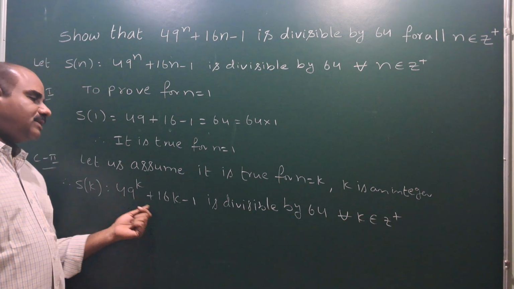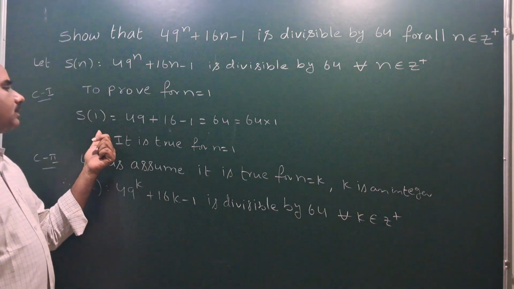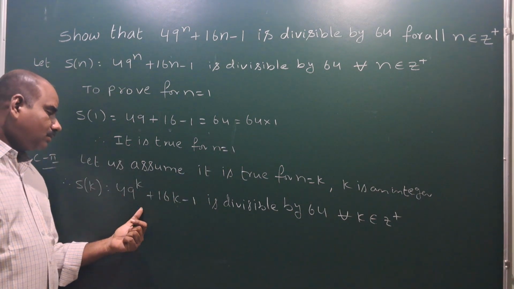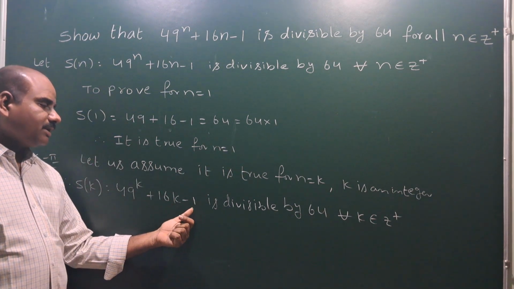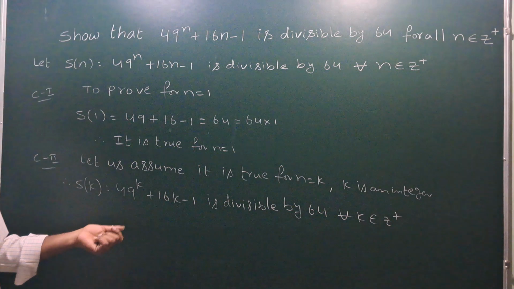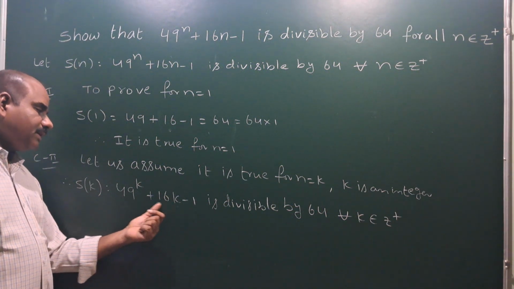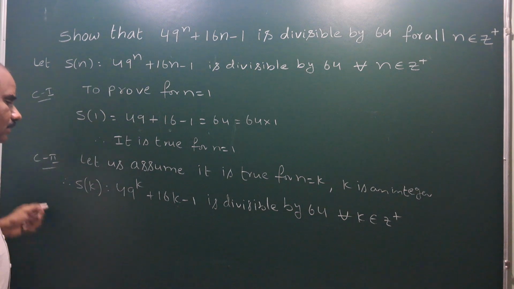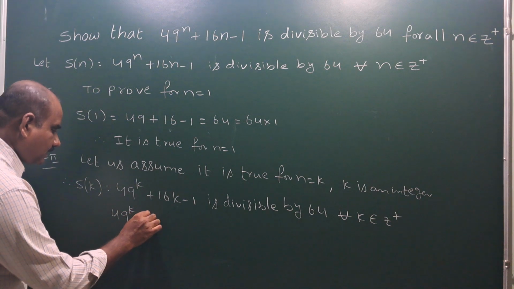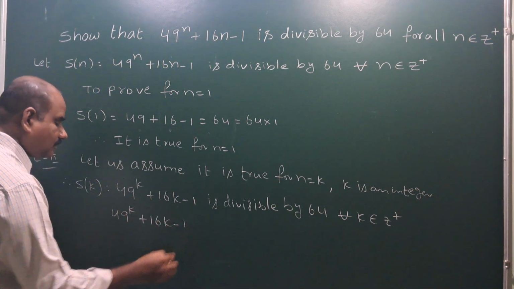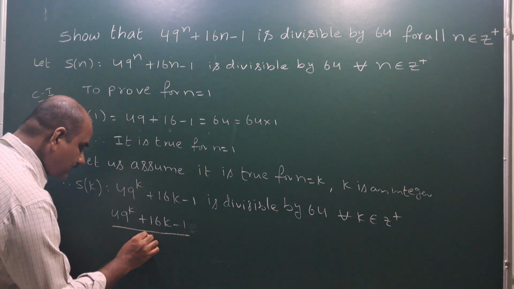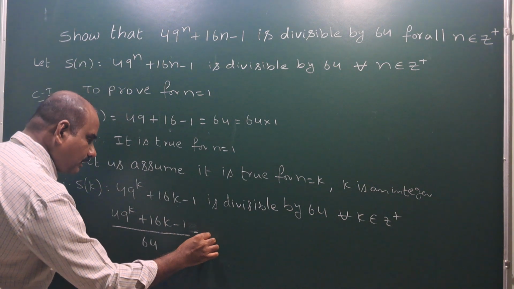So how many times is it divisible by 64? In case 1, 64 is divisible by 64 one time. So in this case 2, 49 power k plus 16k minus 1 is divisible by 64 means how many times? We don't know that because it is a form, it is not an exact number. So we take it like this: 49 power k plus 16k minus 1 is divisible by 64 for m times.